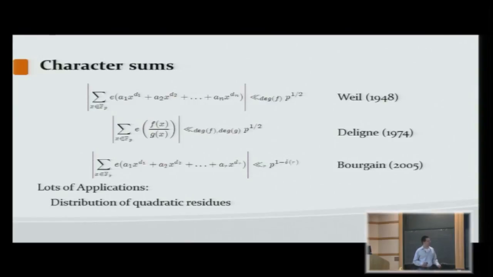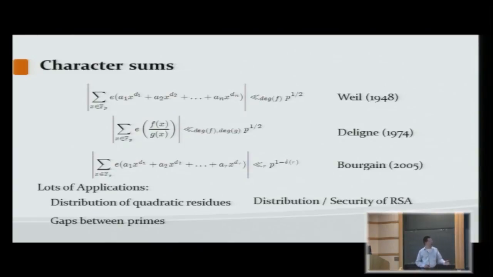You may have other favorites. So there's the distribution of quadratic residues and gaps between primes. Zhang's recent breakthrough used Deligne's estimate, for example. People studying the distribution or security of RSA have also used polynomial exponential sums.